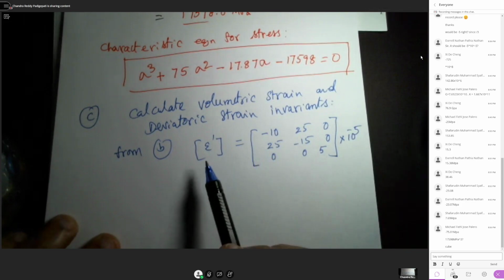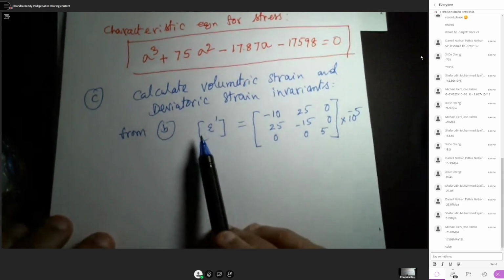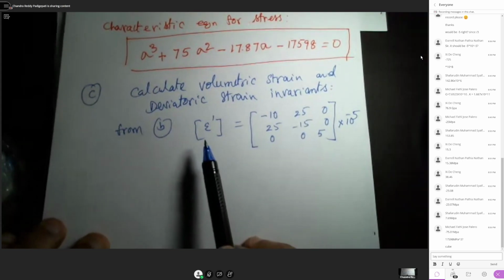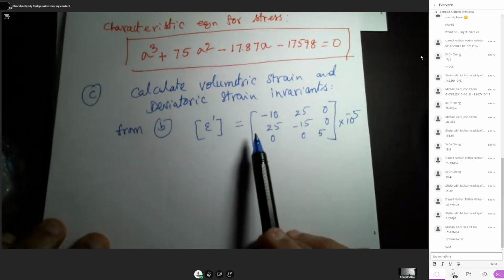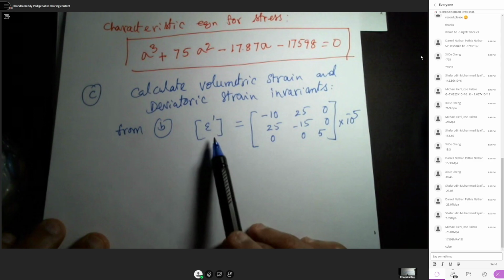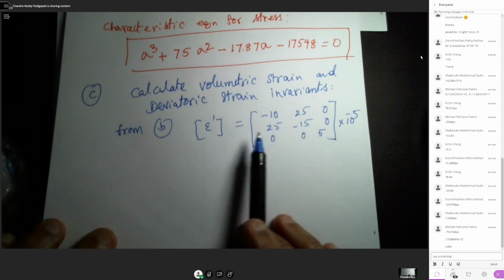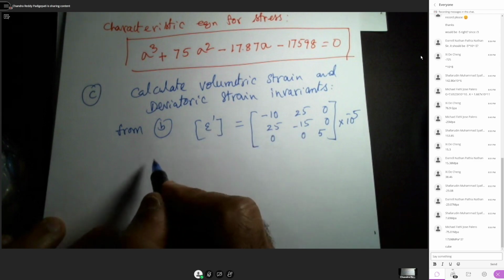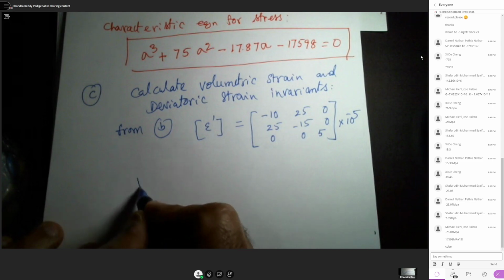So this is what we got from part B, the deviatoric strain tensor.